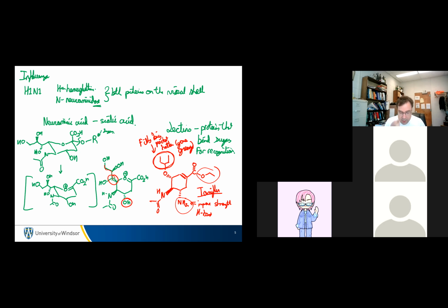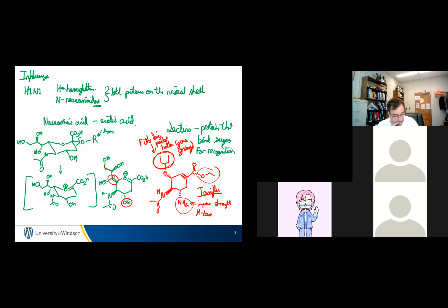So this drug is a transition state mimic of neuraminic acid that sits in a neuraminidase binding site. And when you sit back and you look at the molecule and you look at the transition state of neuraminic acid, you can sort of see where that comes from and why this drug was designed.